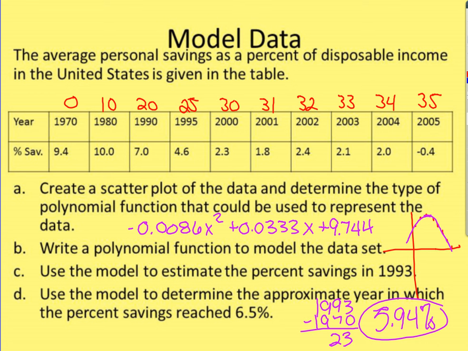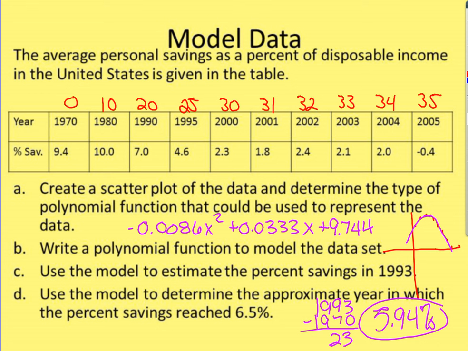On part D, we need to use the model to determine the approximate year in which the percent of savings reaches 6.5. To do this, you can go back to your Y equals, and in your Y2, you can just graph a constant line of 6.5. That's going to give you a Y value of 6.5%. If you graph that on the same graph as your stat plot and your quadratic regression, where those two cross is where you will find your year.